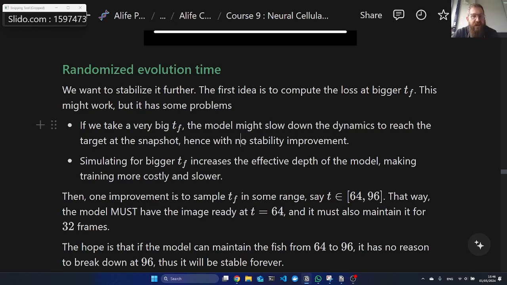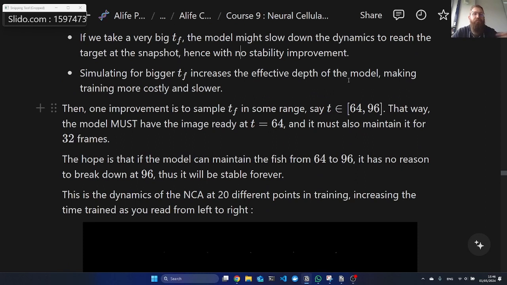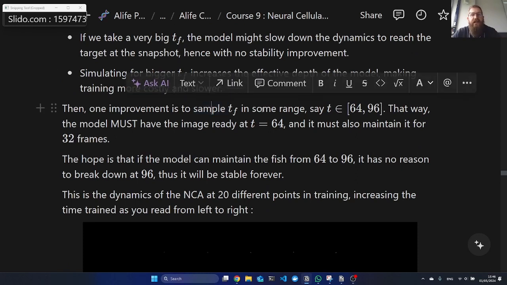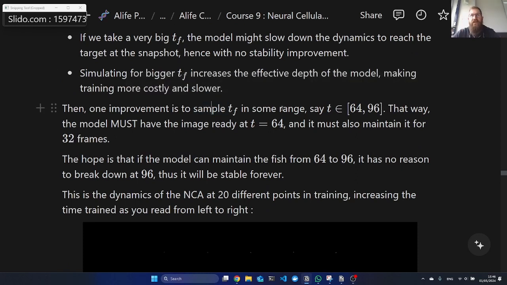We still are not telling it to stabilize. So what we can do instead is, instead of taking a snapshot exactly at 64 seconds, each time we train the model, we randomly sample from a range of final times, and we use the snapshot at some random time in this range, right?